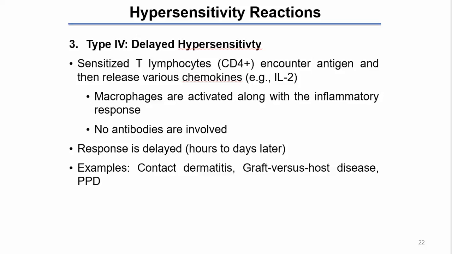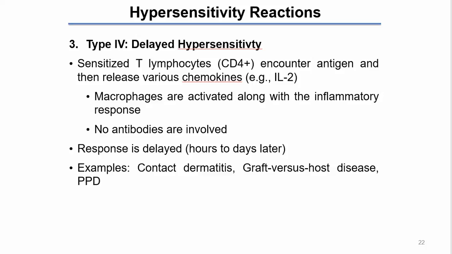So what happens in type 4 is that the helper T cells, the CD4 lymphocytes, encounter the antigen through an antigen presenting cell. And they release various chemokines, interleukins, and things like that. So the chemical mediators that we've talked about previously.